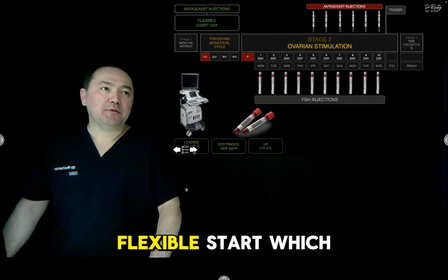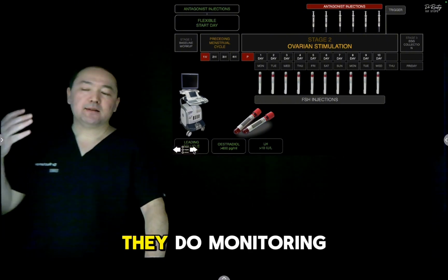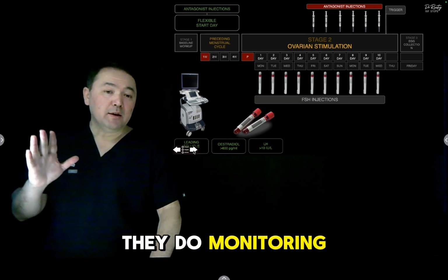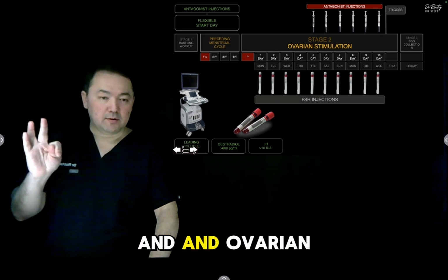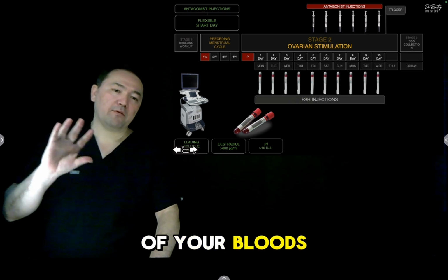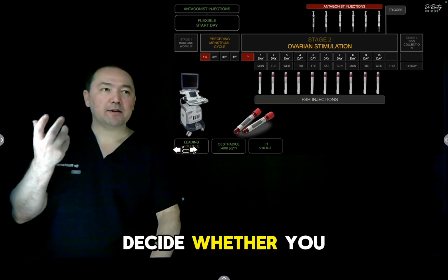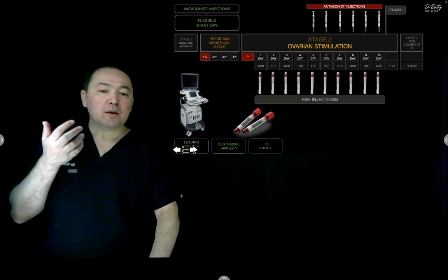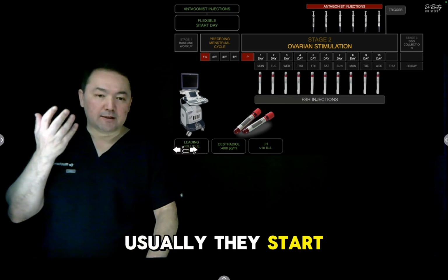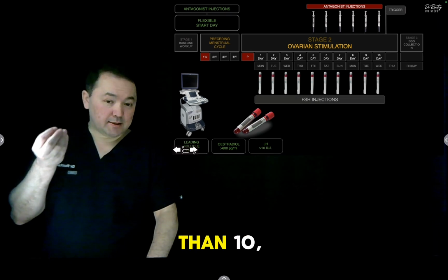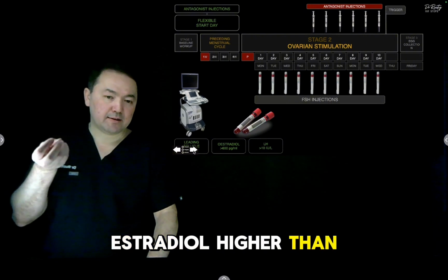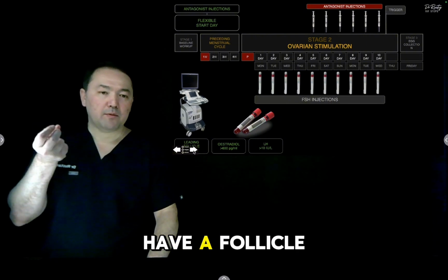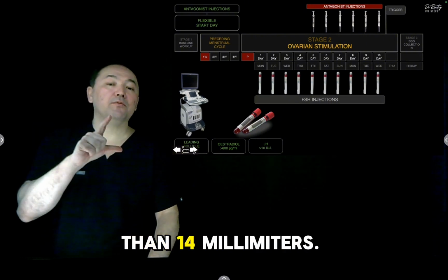The second type of starting is a flexible start. Some clinics monitor your bloods and ovarian response on day 4, day 5, and decide whether you need to start antagonist or not. Usually they start antagonist if your LH is higher than 10, estradiol higher than 600, or if you have a follicle larger than 14 millimeters.